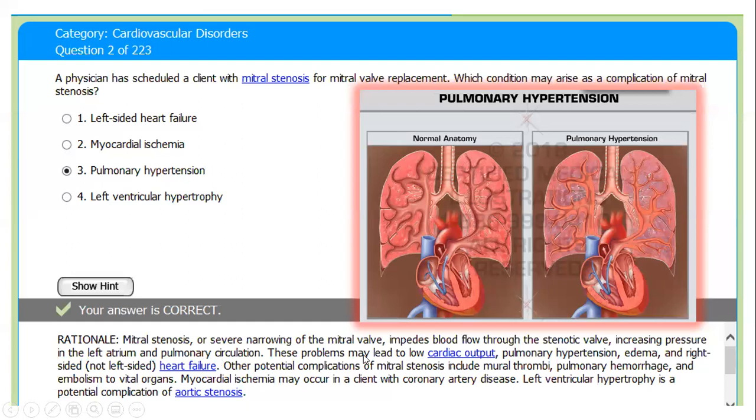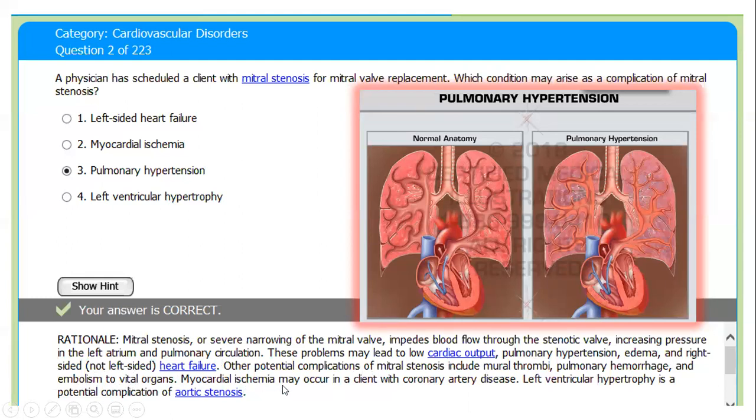These problems may lead to low cardiac output, pulmonary hypertension, edema, and right side heart failure. Other potential complications of mitral stenosis include mural thrombi, pulmonary hemorrhage, and embolism to the vital organs.